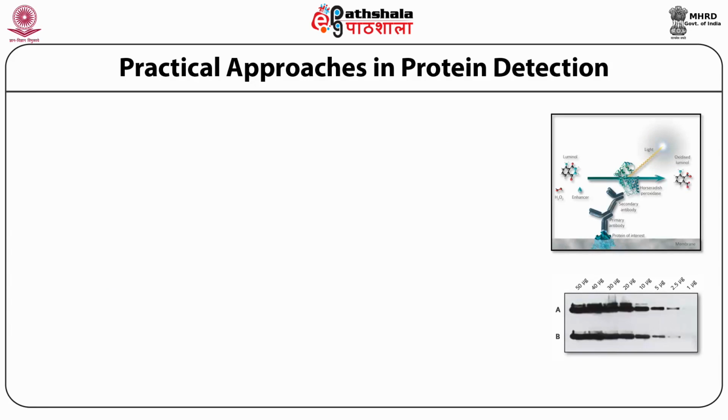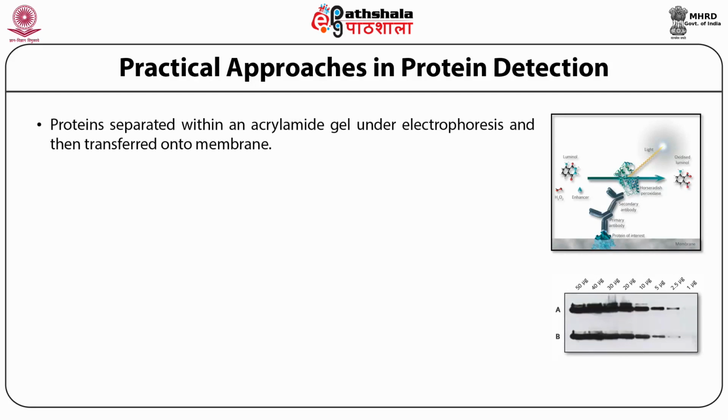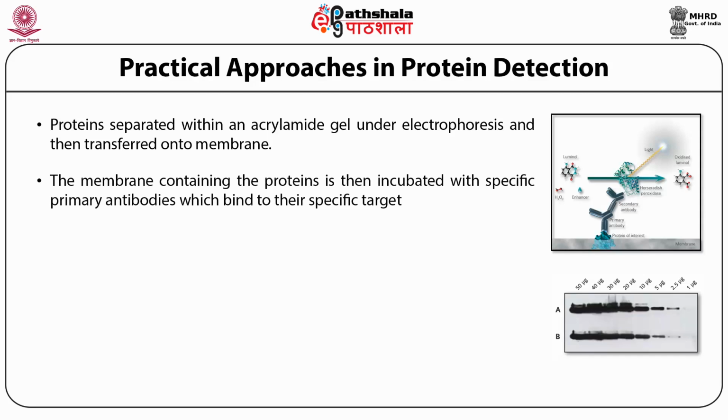Here we discuss the practical approaches of luminol in protein detection. First, the protein is separated within an acrylamide gel under electrophoresis and then transferred to a membrane. The membrane containing the protein is then incubated with specific primary antibodies which bind to their specific target, as shown in the figure.